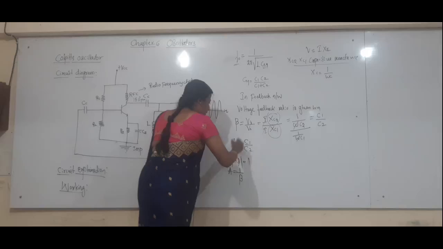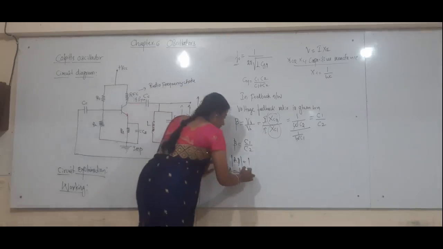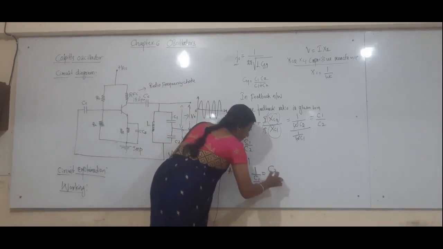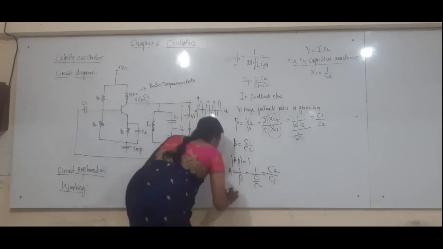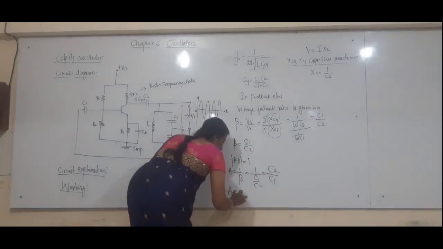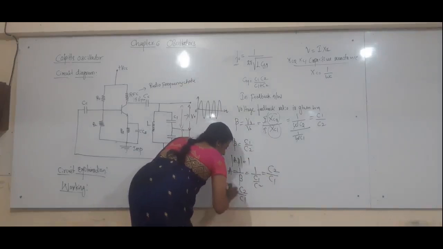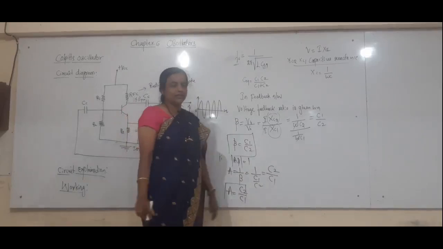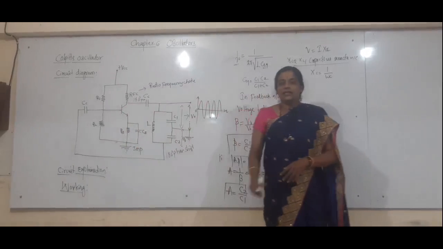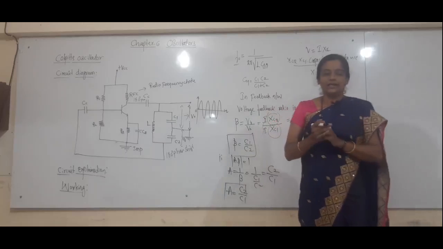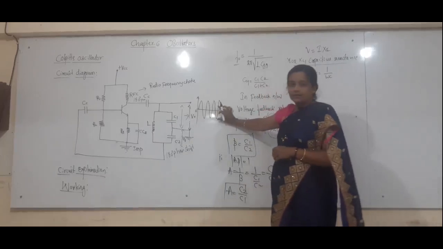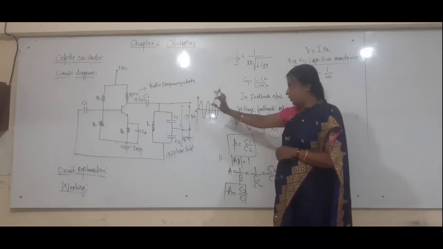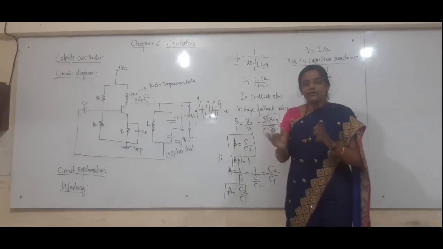Substituting the feedback fraction, that is 1 divided by C1 by C2, which is C2 by C1. So the open loop gain of the amplifier should be equal to C2 by C1. If these proper values of capacitances are employed in the circuit, the Barkhausen criteria is satisfied. Once it is satisfied, sustained constant amplitude electrical oscillations can be obtained at the output of the oscillator circuit.